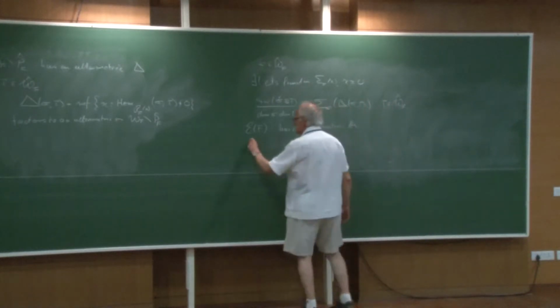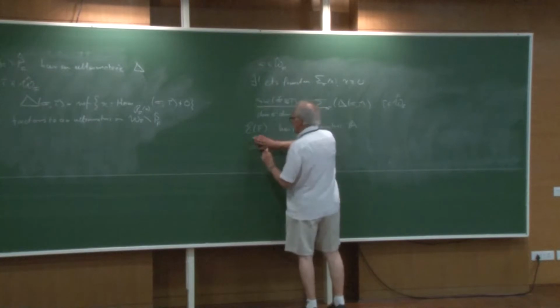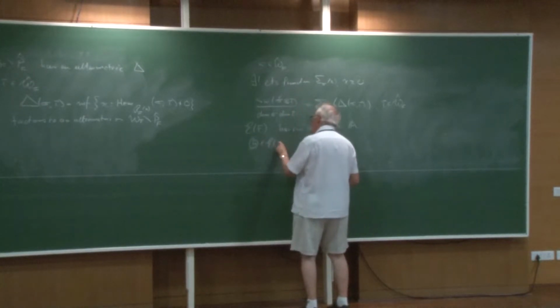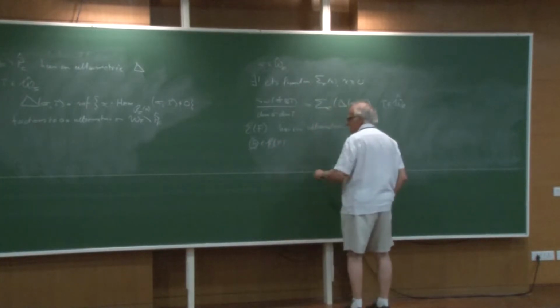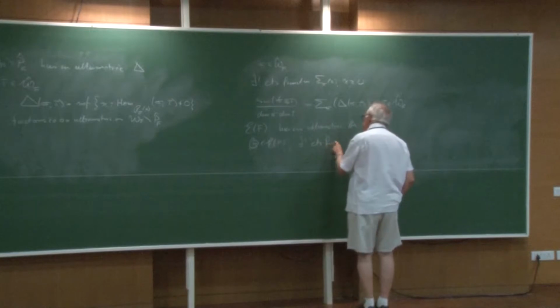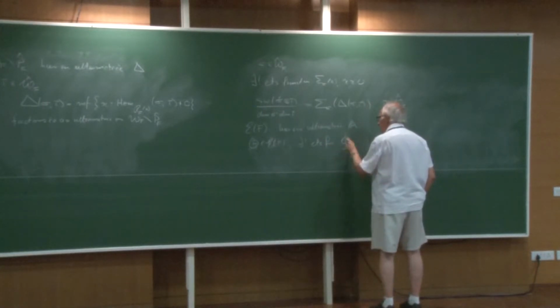And guess what? If I take an endoclass theta, there's a unique continuous function which I call phi theta.